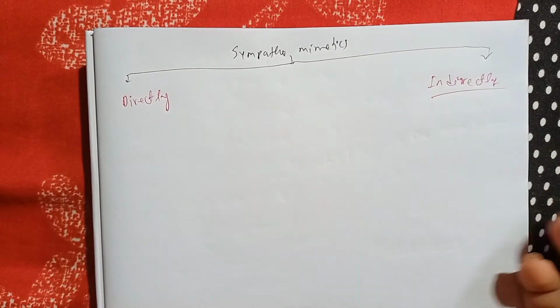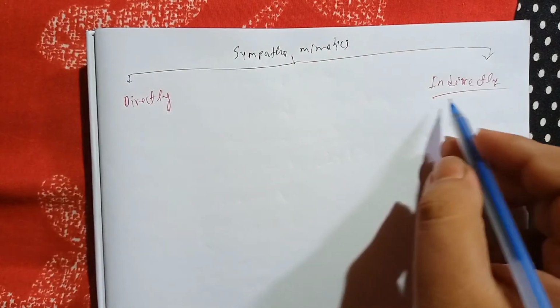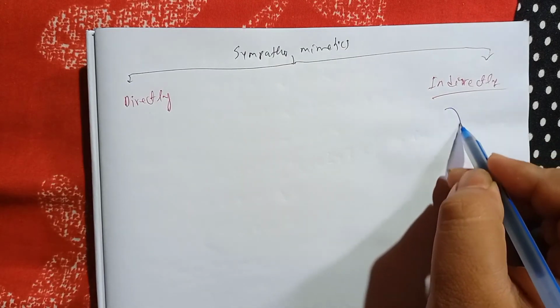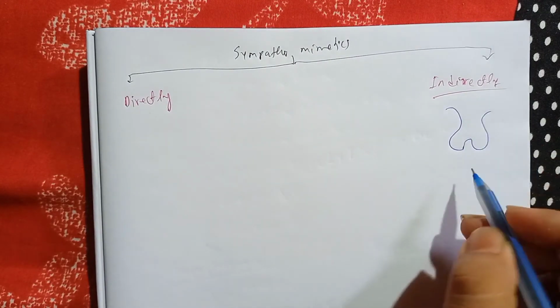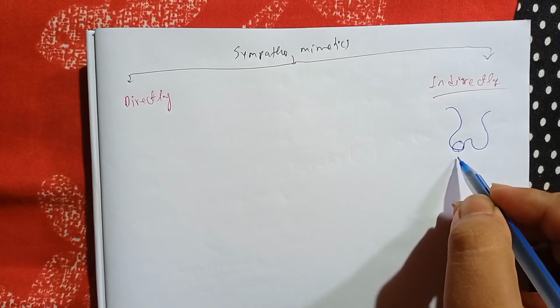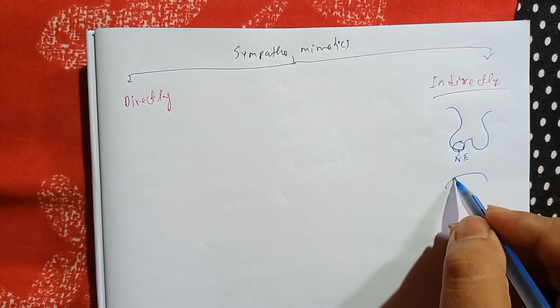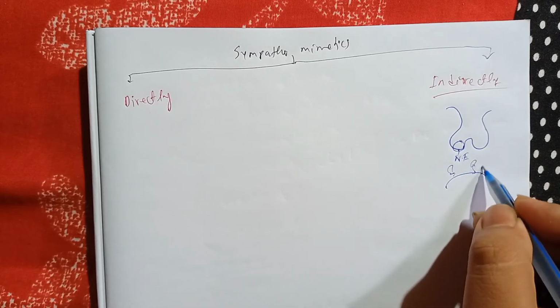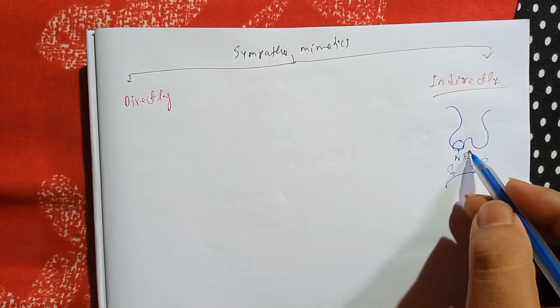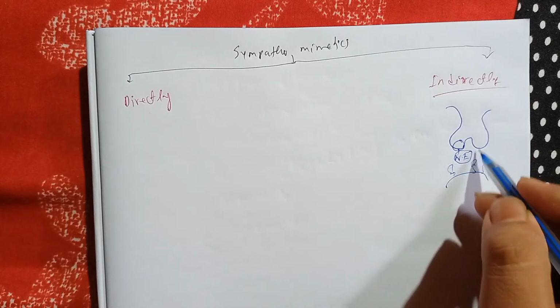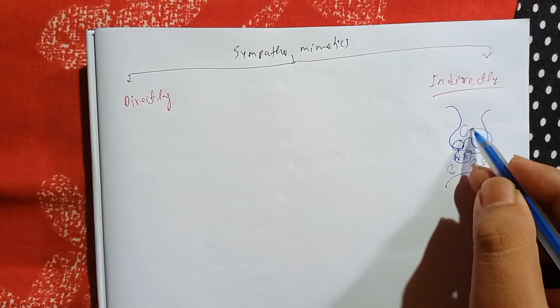Indirectly, we made a mention of it in the previous video. Suppose from the vesicles the noradrenaline, or norepinephrine, is coming out. The receptors are here, and some of the noradrenaline goes back to the vesicles as a negative feedback, like the hormones.